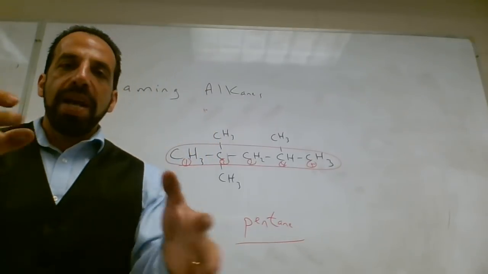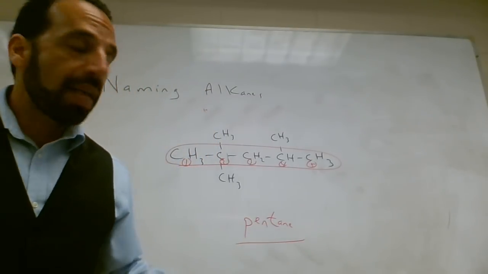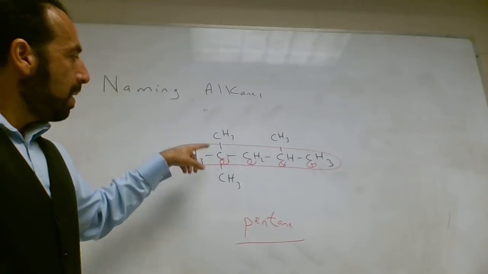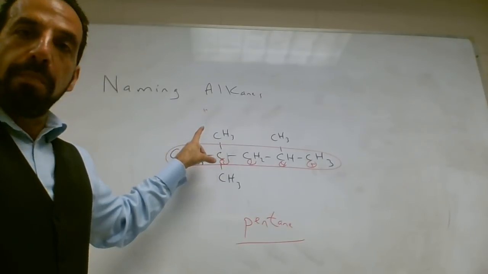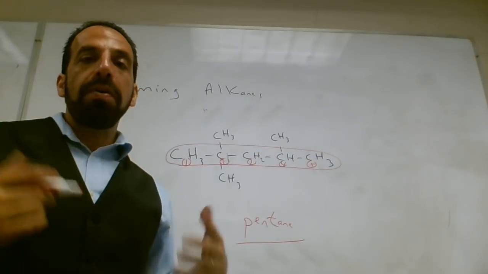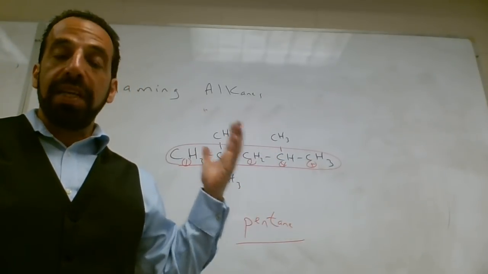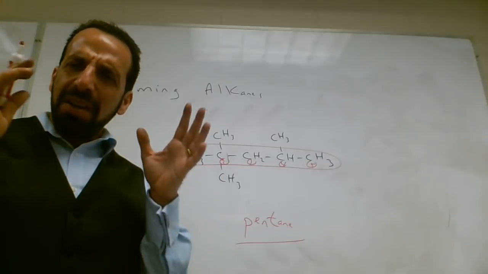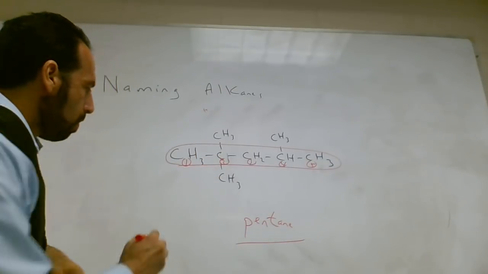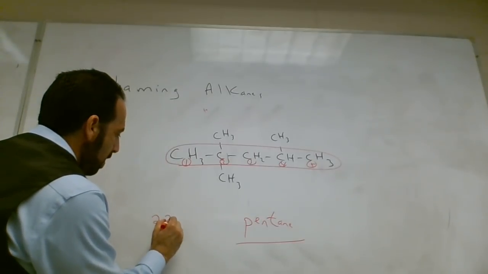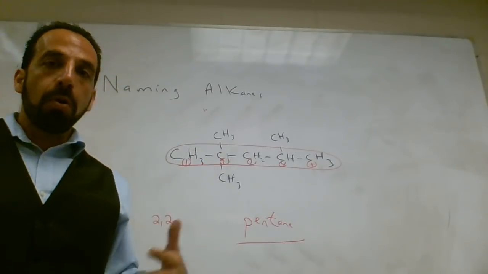So a lot of times I'll break these out into pieces, then I put it all together at the end. So that's pentane. I got 2 substituents on carbon number 2. These are both methyls. I got 1 on number 4. That's a methyl. I can combine them all together. Now, when you're numbering these, you got to tell exactly where each one is at. I got to write it for both of these methyls. So I'm going to write 2,2. So again, just don't write 2 for both of them.